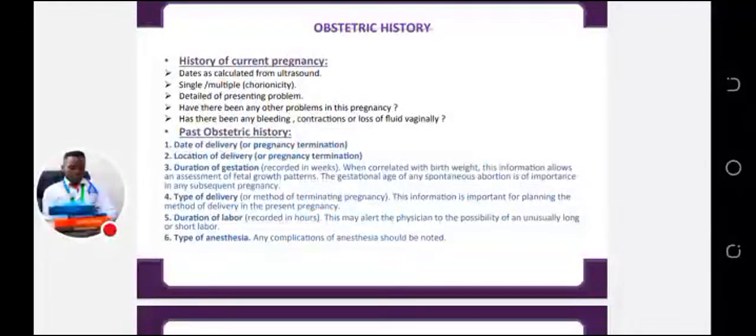You need to record them. Were they recorded in weeks, or correlated with birth weight? This information allows an assessment of fetal growth pattern. The gestational age of any spontaneous abortion is of importance in any subsequent pregnancy.